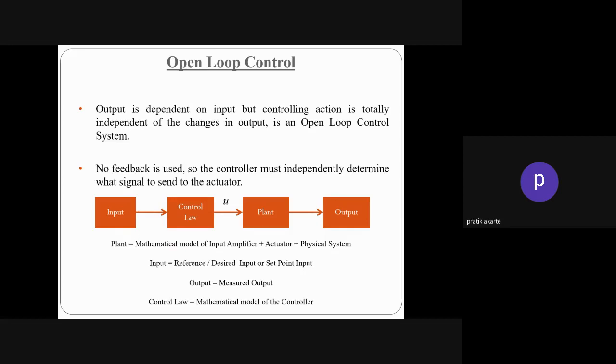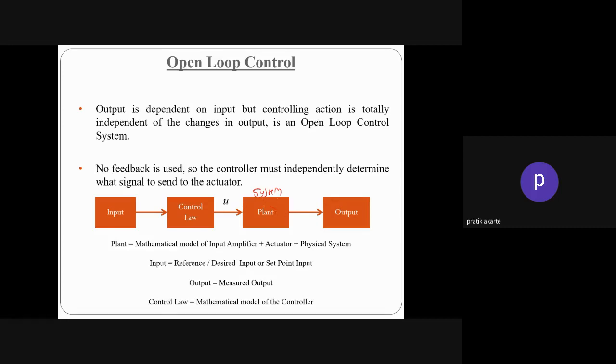So here you can see that there is a plant. Plant is what? Plant is the system on which we are taking the action. Like in the previous case, the plant is the bulb. A washing machine is a plant, which is the mathematical model of input amplifier, actuator plus physical system.